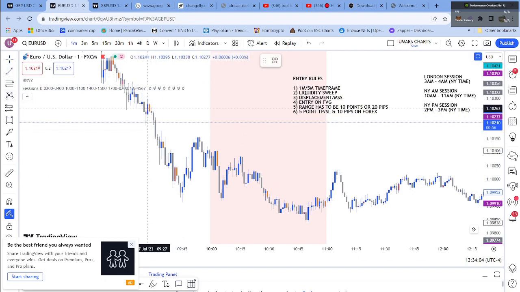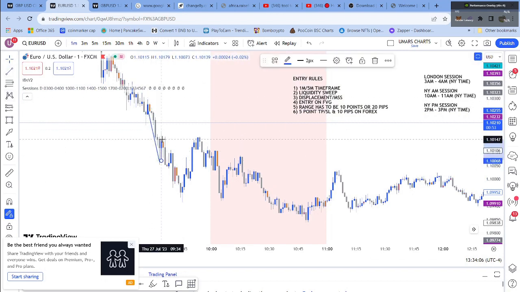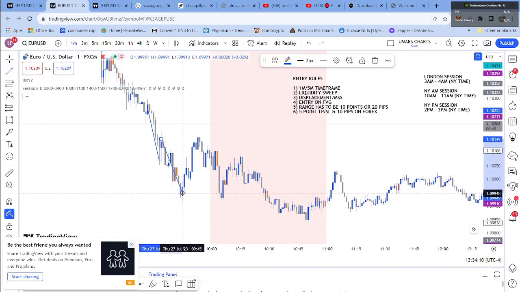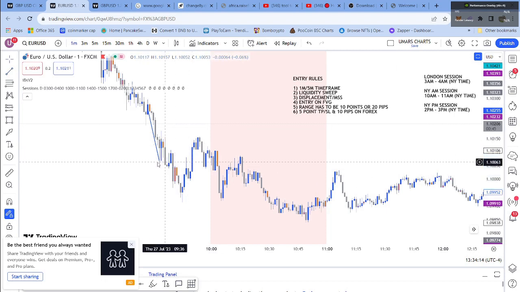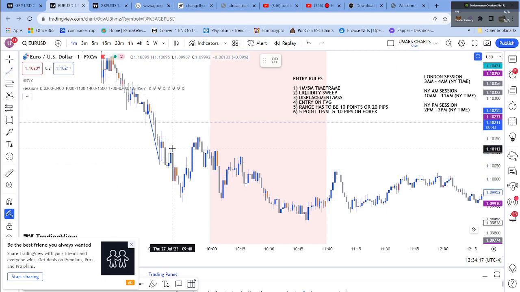As you can see, price has been moving down, created a low, lower low, lower high, lower low, and then price came and swept right above this previous high over here. As we can see, we've got a liquidity sweep over here.